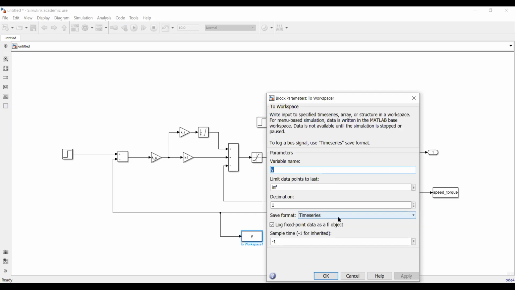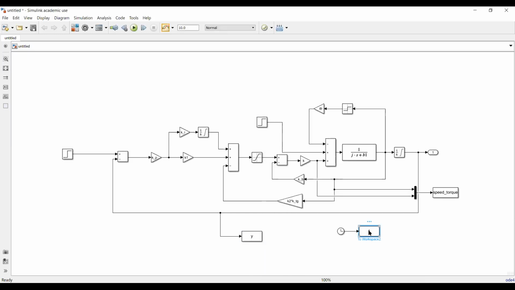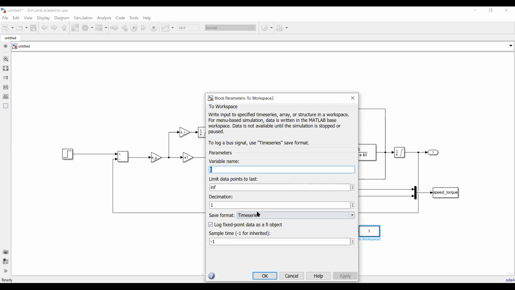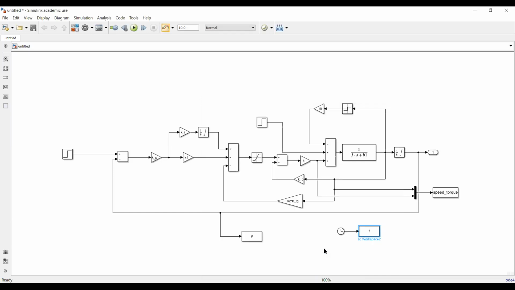Yeah, make it a time series. When you plot it in MATLAB, you will get it.